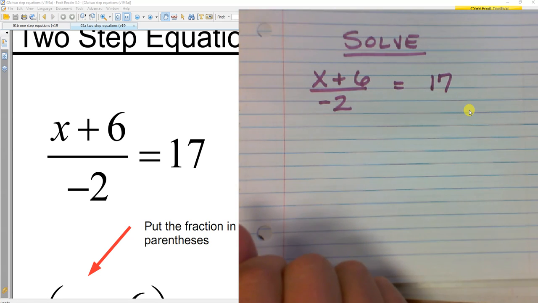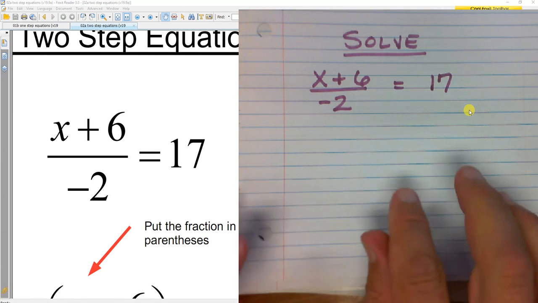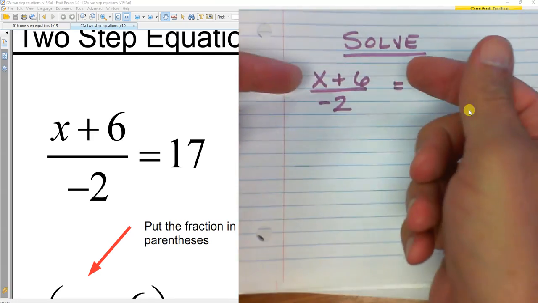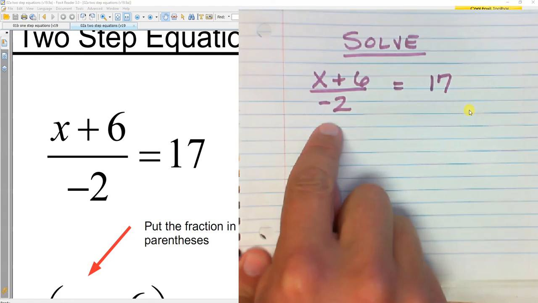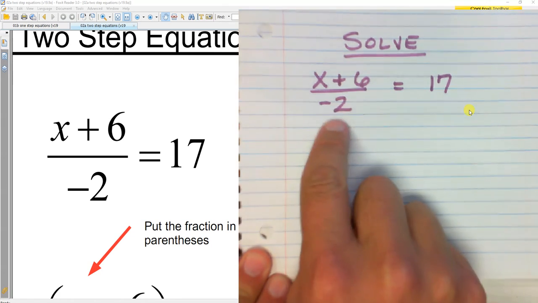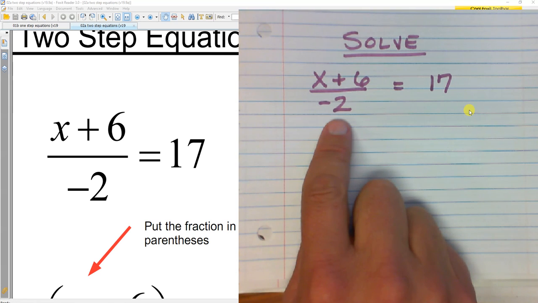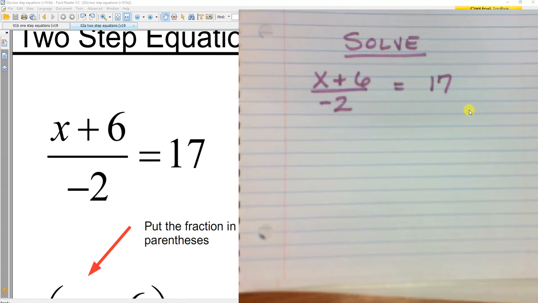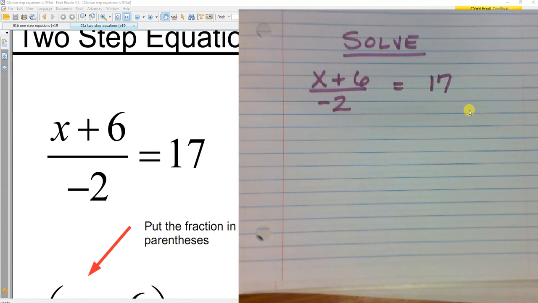Who do I want to deal with first? Well, in this case, I keep telling you to sneak up on the x. Well, in this case, the 6 and the x are closer than the negative 2 and the x. The negative 2 is totally underneath it, so I actually have to deal with the negative 2 first. This negative 2 is trying to divide this entire piece. So I'm going to multiply both sides by negative 2.